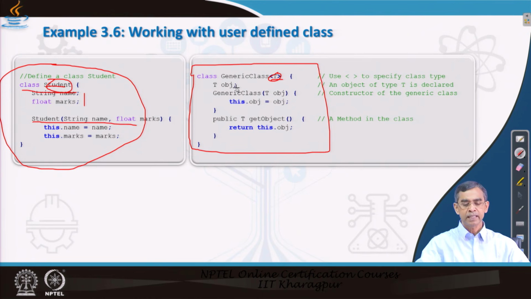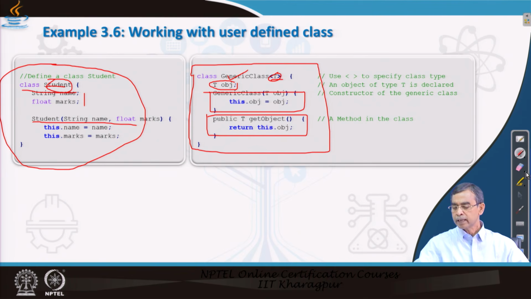Now, an object is declared here, and this is the constructor of this generic class, and this is the one method which gets an object from the collection, returns this object and prints it.